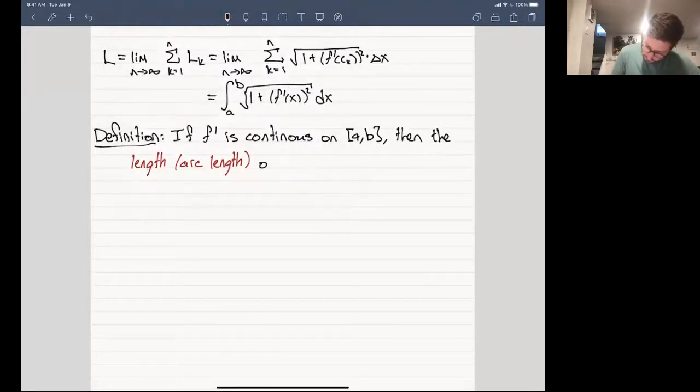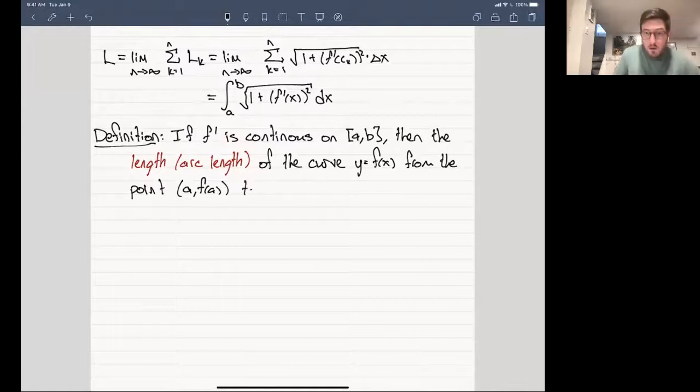Of the curve y equal to f of x from the point (a, f(a)) to the point (b, f(b)).